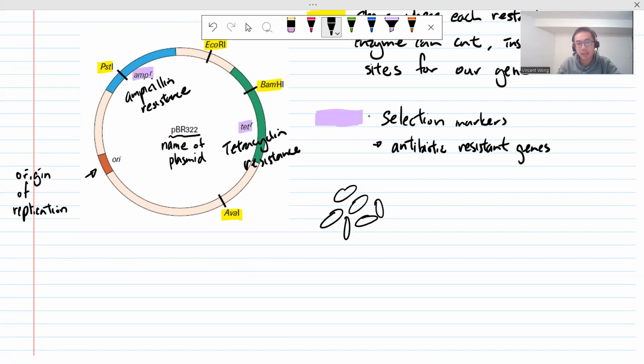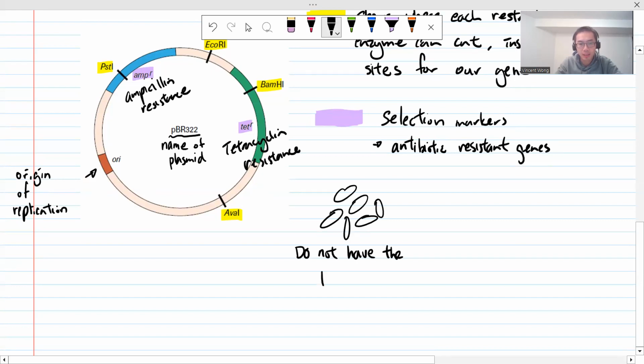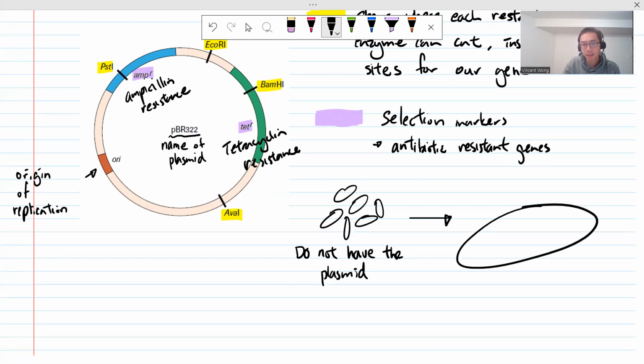And let's just say this is non-transformed, they do not have the plasmid. And then you're going to grow them. You're going to put them on a plate. It's like a little dish with nutrients, just basic nutrients.